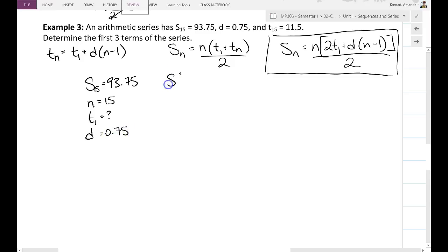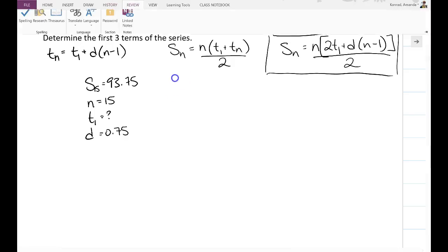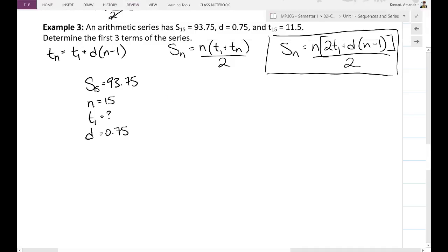Sorry, we are doing 93.75 equals 15 times 2 times term 1 plus 0.75 multiplied by 15 minus 1, all divided by 2. Now I can get that 2 out of here right away and multiply by it.